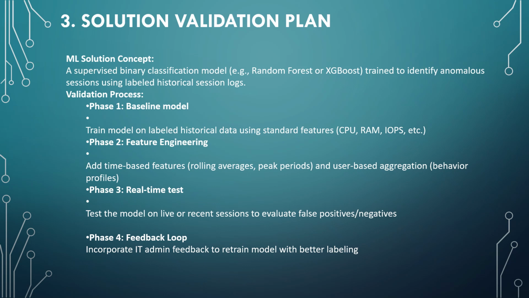Once we have all this, for validation we're going to use an iterative process. First, we'll build a baseline model using a supervised learning algorithm like a random forest. This is going to be trained on historical session log data that is normal and anomalous.